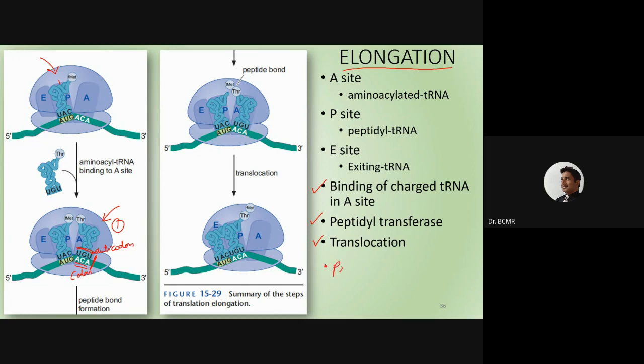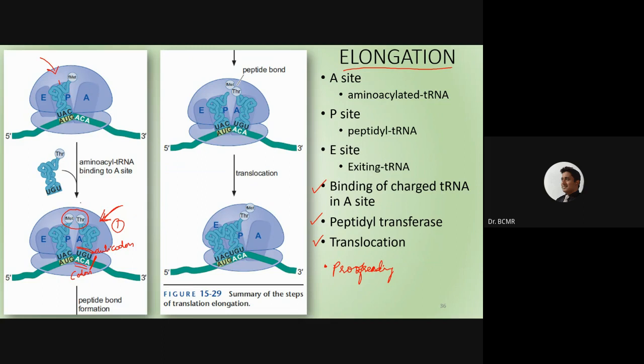So we should ensure the proofreading capacity of the ribosome. Binding of the incoming charged tRNA is first. Ensuring that the codon-anticodon interactions are correct is the second one. Third is the reaction between these amino acids, that is the peptidyl transferase reaction.